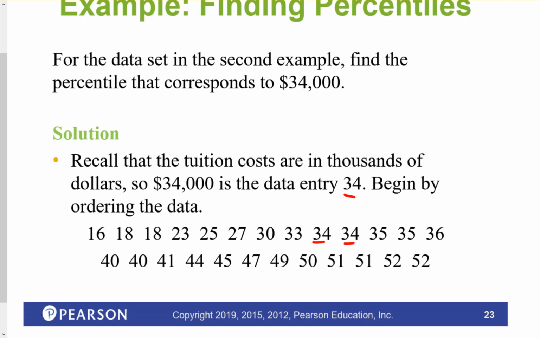Okay, so now how many were there? There were 25 of these, right? So we have 8 divided by 25. And then we multiply by 100. So 8 divided by 25 is 0.32. So times 100, this will be 32%. 32%, 32nd percentile, we should say.